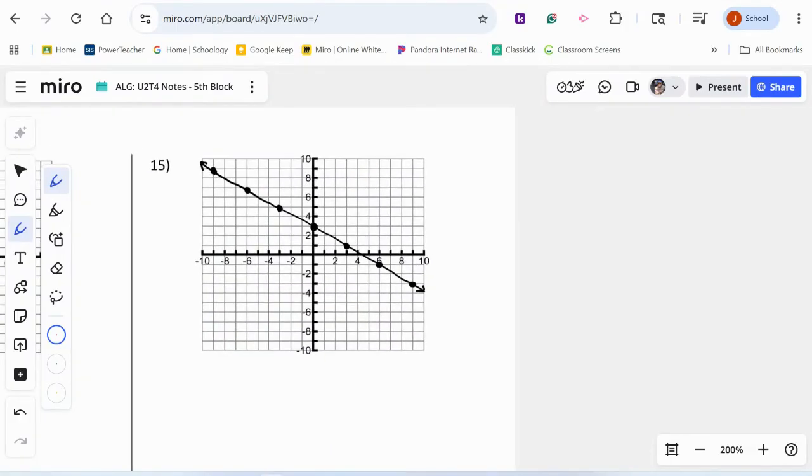All right, now let's talk about 15, because 15 is when it's going to get a little crazy. You can see very clearly there are 7 precise points that we have made very observable on this graph. So that means you could use point slope form for 7 different equations.